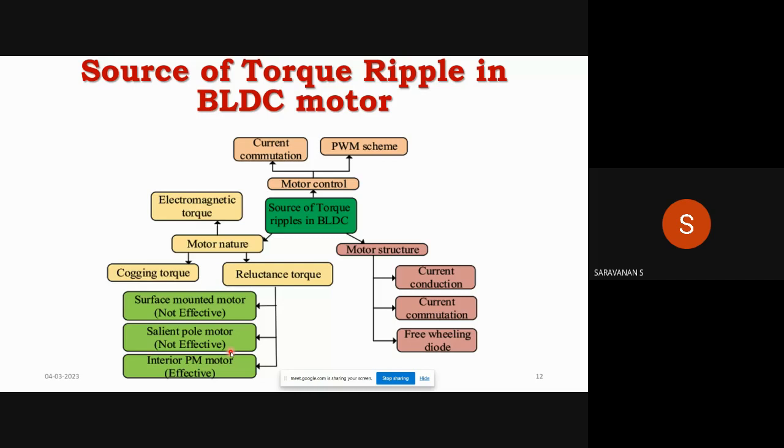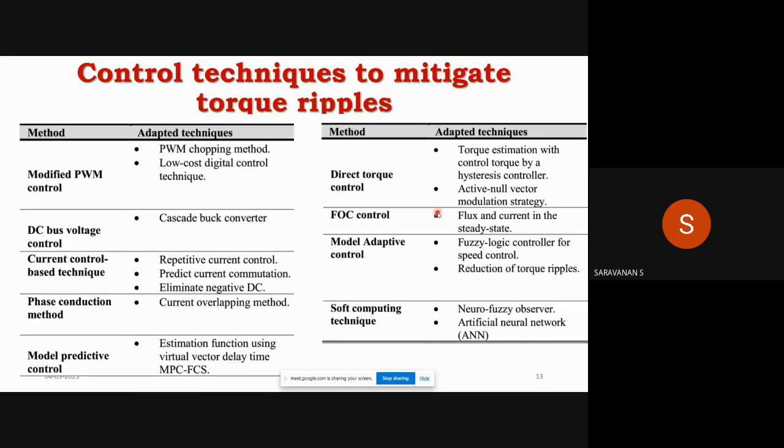These are the techniques the researchers have introduced, such as modified pedaling control, and other adapted techniques. In modified pedaling control, the PWM chopping method and low-cost digital control techniques are used.